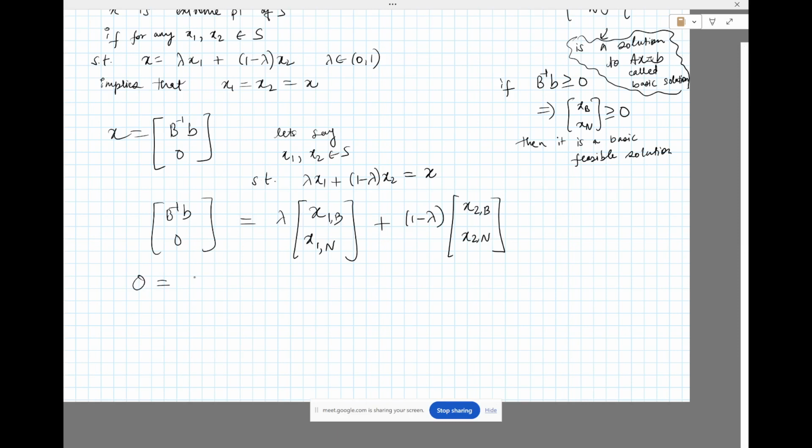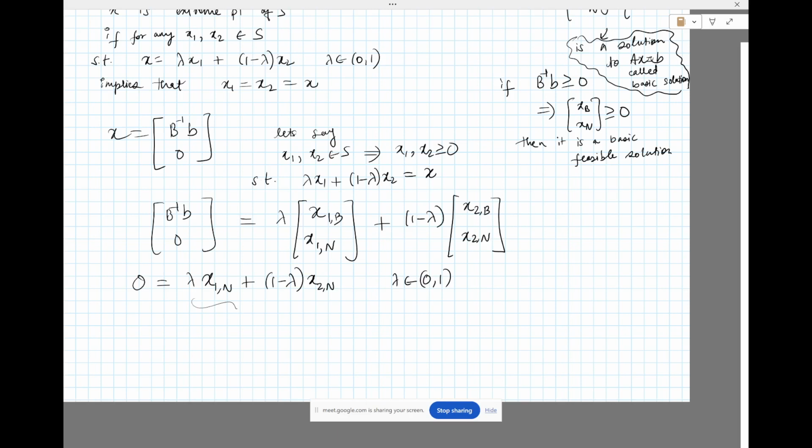0 equal to lambda x1,n plus (1 minus lambda) x2,n, and lambda is in (0, 1). Because x1, x2 belong to S, that implies x1, x2 is greater than or equal to 0, right?